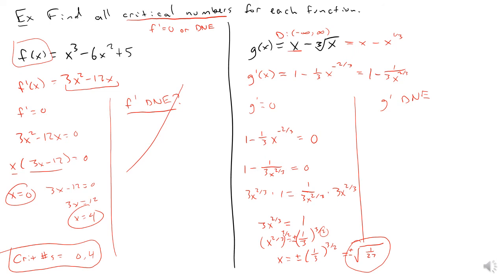Now coming to the second half of this, are there any places where the derivative does not exist? Again, I think it's helpful to look at the derivative the way I wrote it the second time.